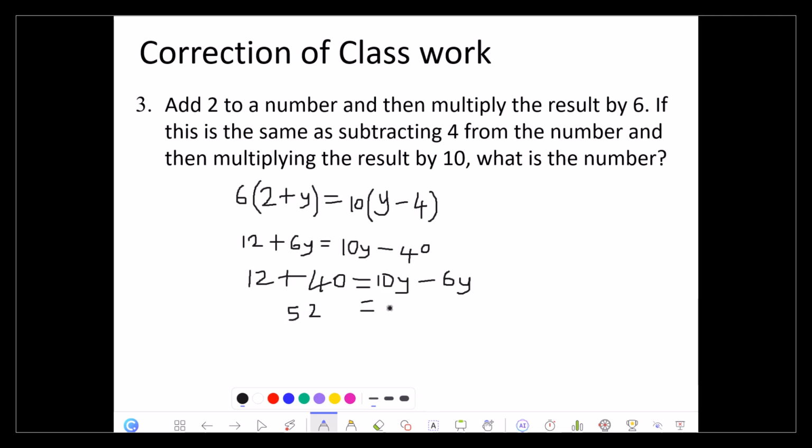Then 10 minus 6 gives us 4. So finally, to end this solution, you divide both sides by 4. So you have 52 divided by 4, and that will give us our final answer as therefore y equals 13. 52 divided by 4 will give you 13.